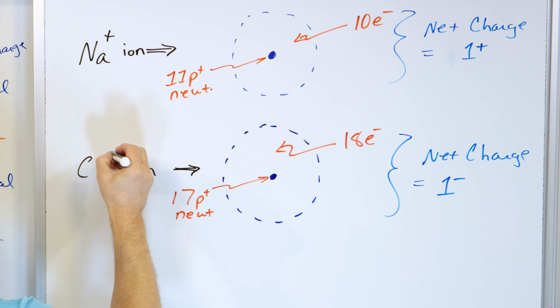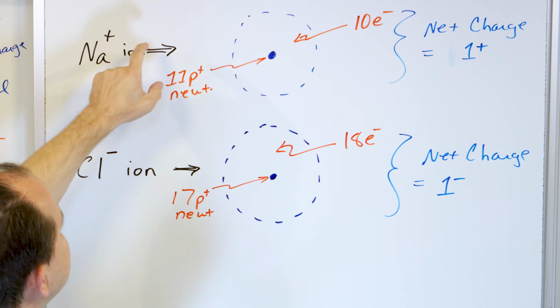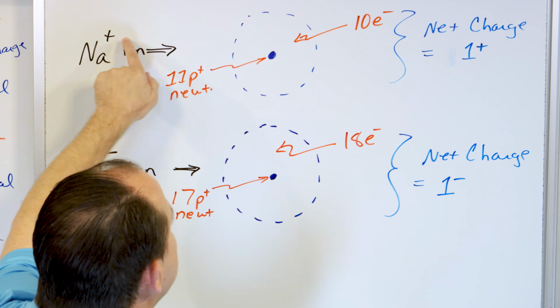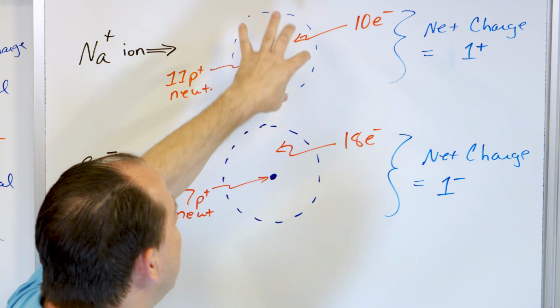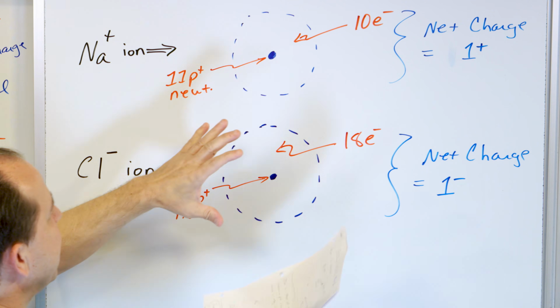So what we do is we put a minus sign up there to indicate that it's an ion. So we have a sodium ion indicated by the positive sign, and we have a chlorine ion indicated by the negative sign. The positive sign tells me that this entity is no longer neutral. It has a positive charge, and moreover, it has a net positive charge of 1 as an overall net charge on the object. This has an overall net charge on the object of -1.